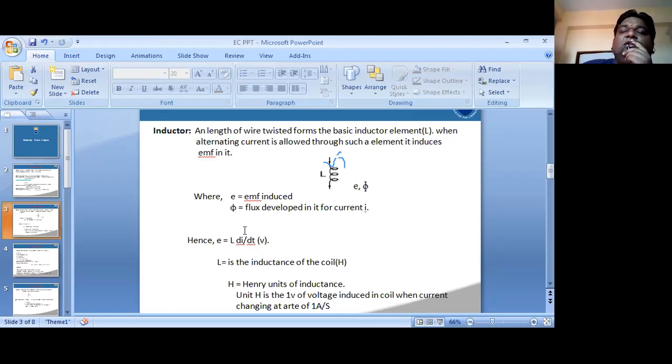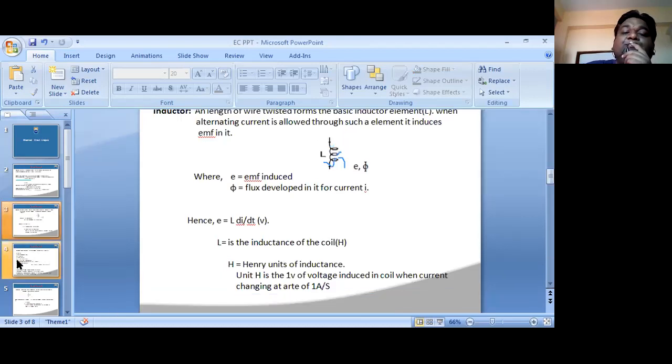Sudden change in current means change within 0 time. When time is 0, di by dt will become infinite, then the EMF induced will be maximum, and EMF maximum means the inductor gets open circuited. So that's why inductor doesn't allow sudden changes in the current.